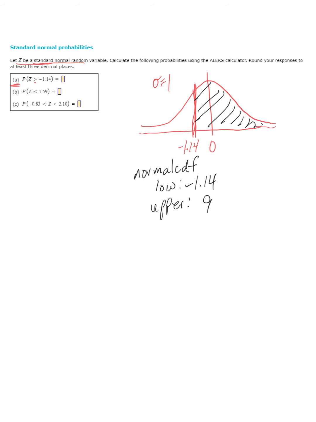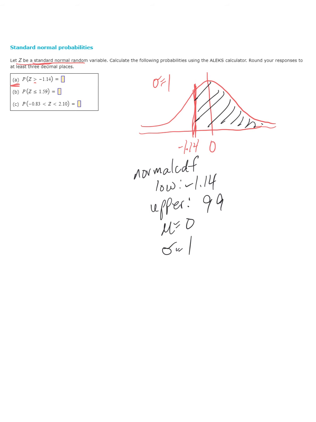I'm okay with typing just a 9. If you want to type 99, that's fine. You're going to get the same answer. That means I'm talking 9 or 99 standard deviations above the mean, which is really a lot. And then my mean is 0, and my standard deviation is 1.